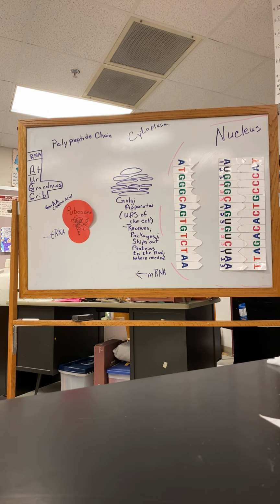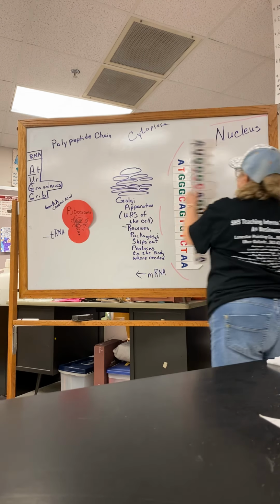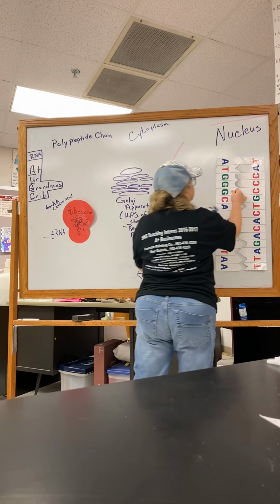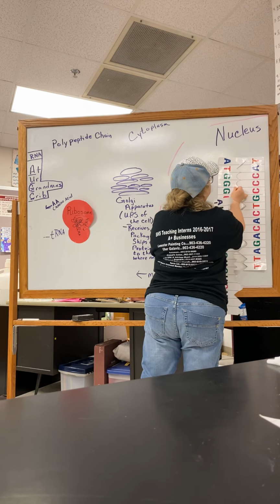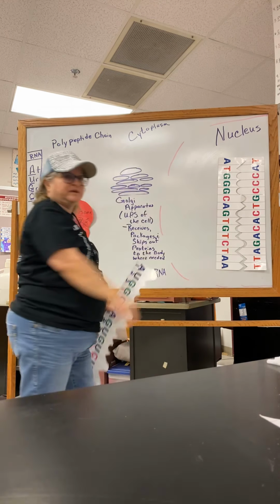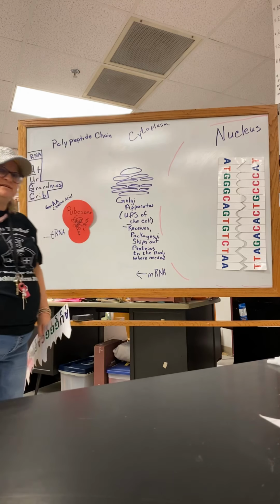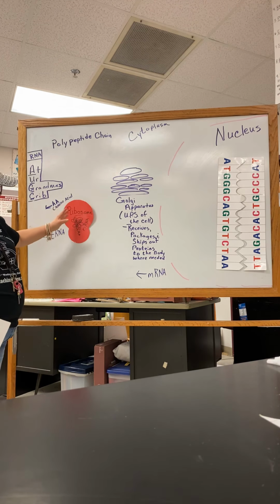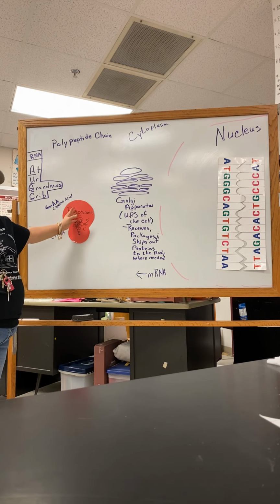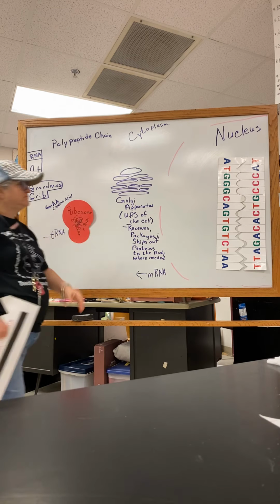All right, so back to our story. So DNA is too big to come out of the nucleus. DNA is grounded to its room. Its room is the nucleus. It wants to send a text message out to the ribosome with the instructions on how to build a protein. So what does it do?